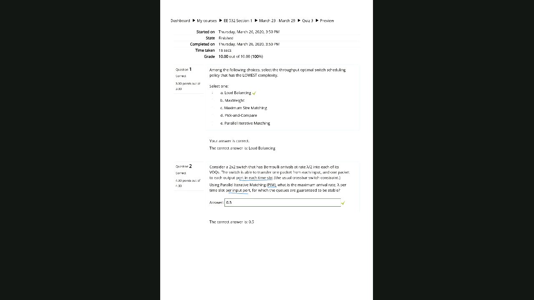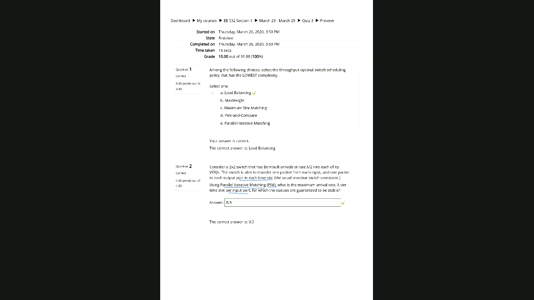Well, we know that parallel iterative matching is a method for implementing what kind of matching? Maximum size, right? Parallel iterative matching is a practical way of implementing maximum size matching. And we know that maximum size matching achieves up to half of the capacity region.